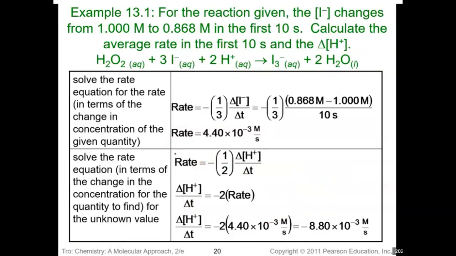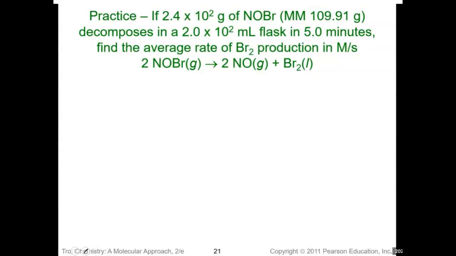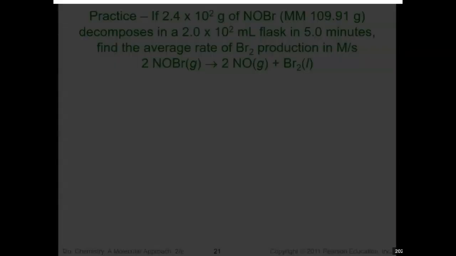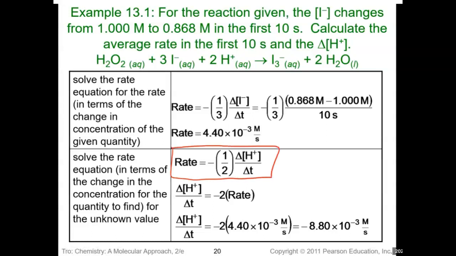So we wrote this was our rate. This is our rate with respect to H+. And so we just multiplied it by -2 times our rate. And we got, that's our rate with respect to H+, because it's a negative, because it's a reactant, right?